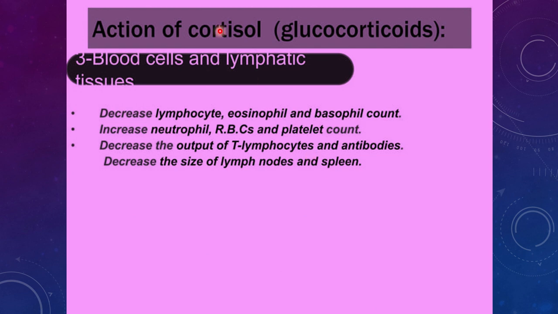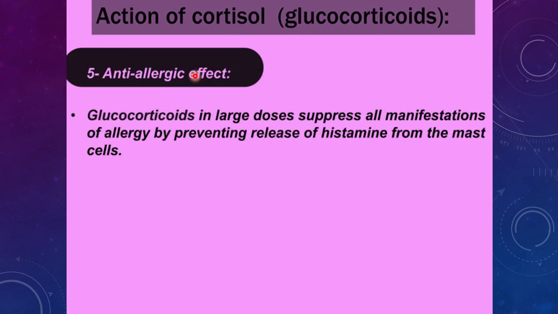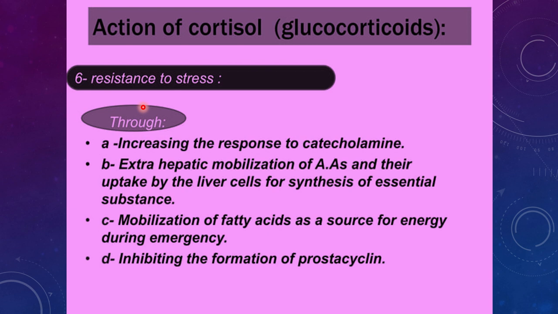And also here we can see the blood cells and lymphatic tissue. It decreases lymphocyte, eosinophil, and basophil count, but it increases neutrophil, RBC, and platelet count. Anti-inflammatory action is also present for cortisol, and anti-allergic effect also.